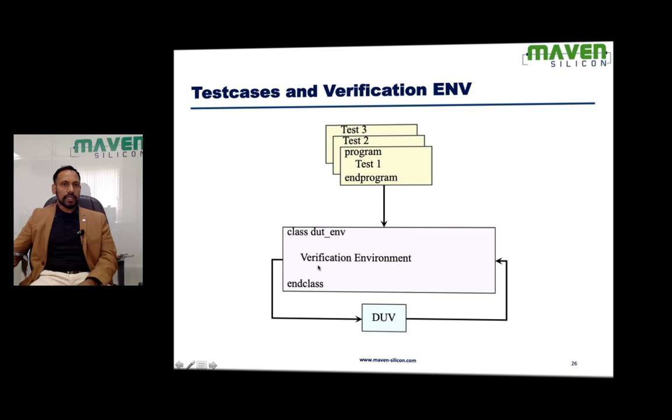It generates packets, it drives the packets to the DUV, and it collects the output packets from the DUV. It compares the output packet with the expected packet. This is what it's going to do repeatedly, like the way the treadmill rotates the belt.